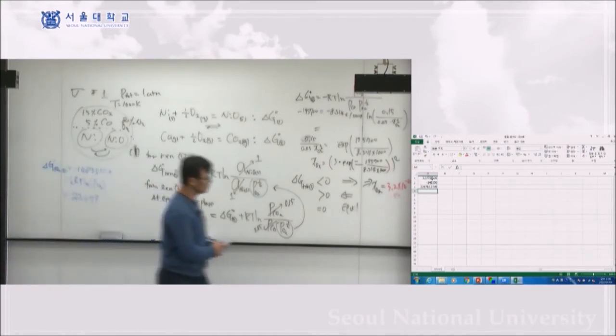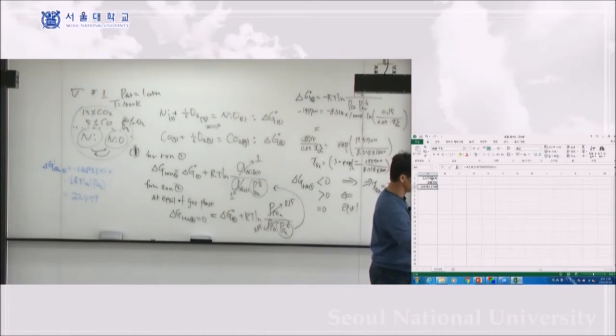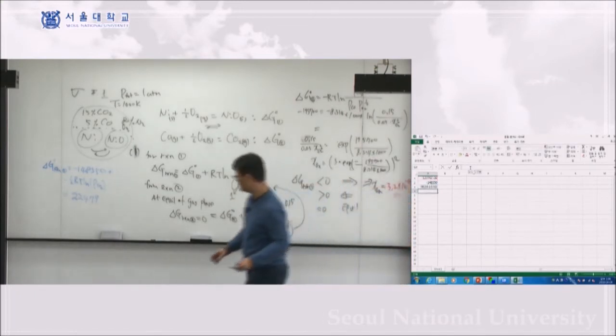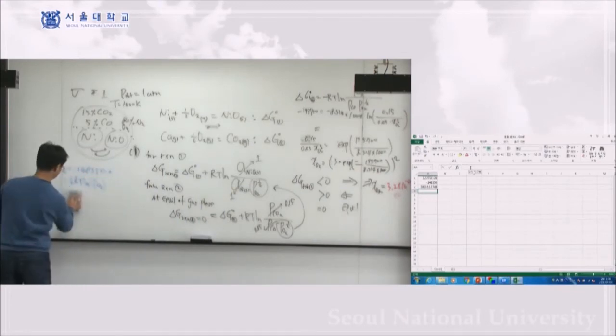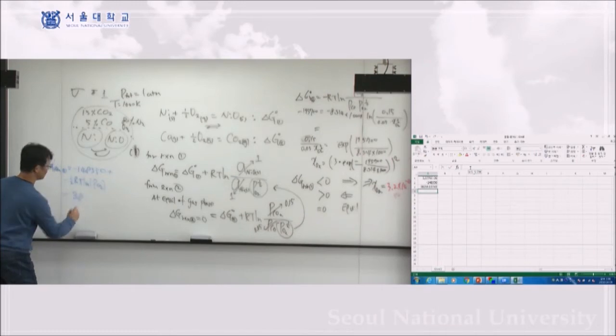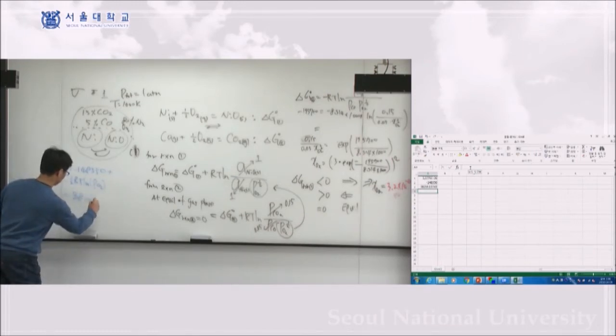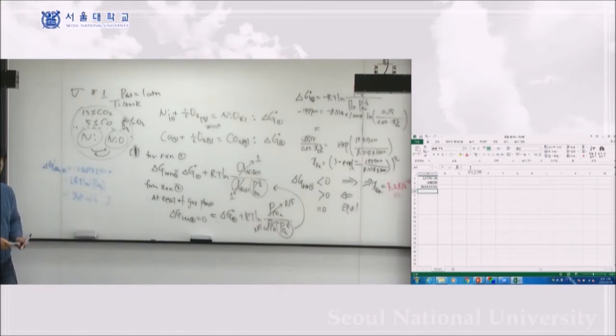Is it right? Wow, I made a mistake. Ah, so 0.5. That's too big a number, so okay, 38,216. Okay? So delta G of reaction 1 is positive.